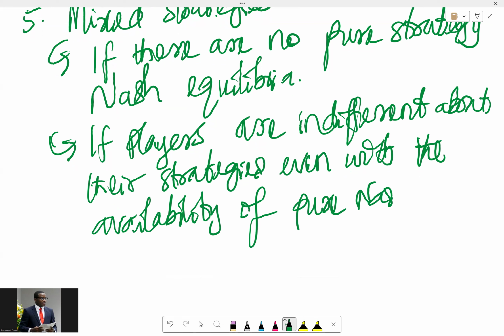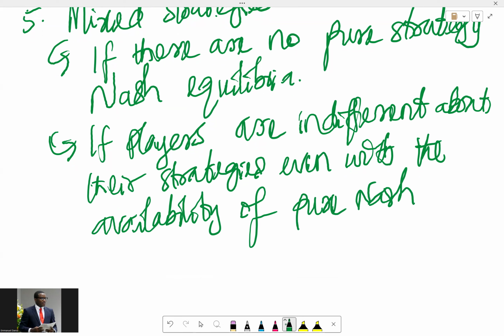So these are the two conditions under which you may go for mixed strategies: when there are no pure strategy Nash equilibria, or when players are indifferent even with the availability of pure strategy Nash equilibria.